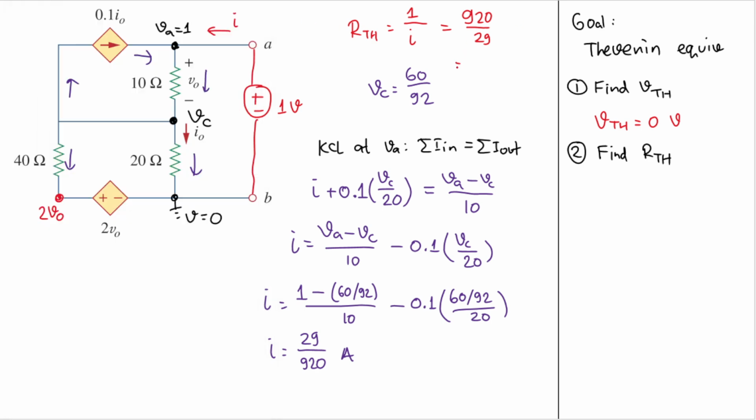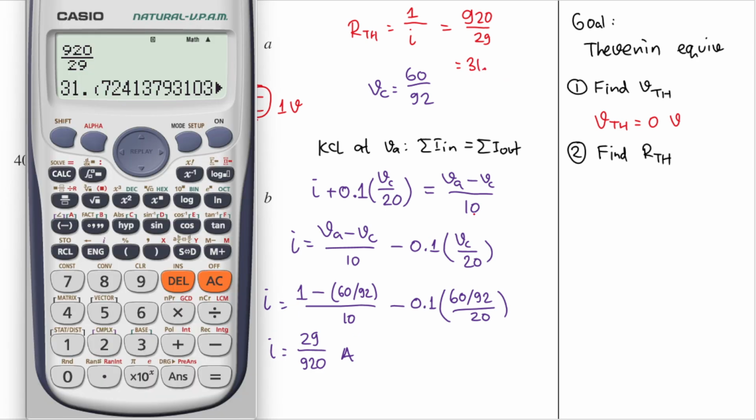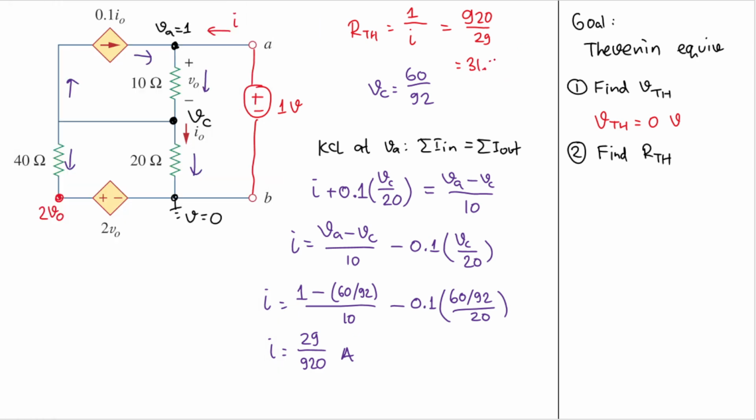So our RTH is 31.724 ohm. Okay, and that is VTH and RTH.